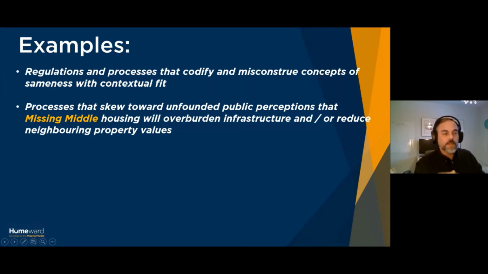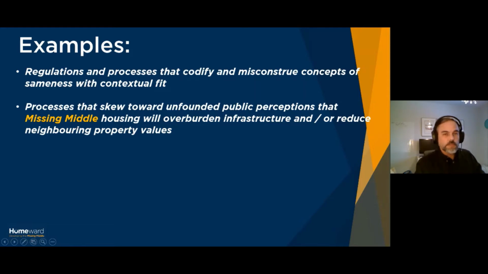And much of it is linked to that first point. We have regulations in place, again, that misconstrue sameness with contextual fit, and the folks that are seeking to stop all forms of development key off of that and use that as their leveraging point, and basically say that if it's not exactly the same as the housing that's there now, it will cause these challenges.